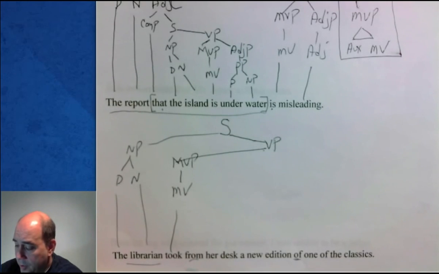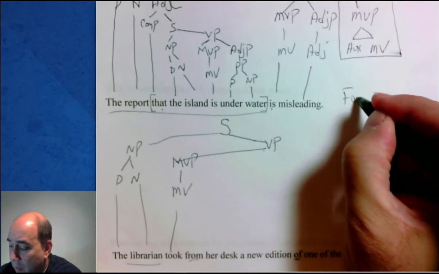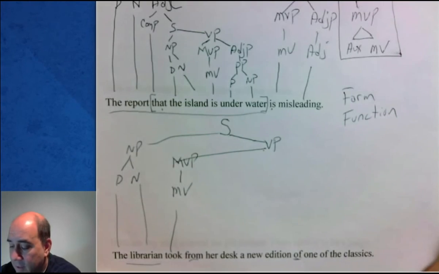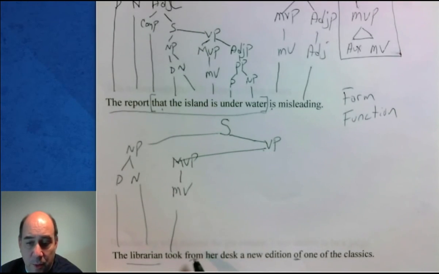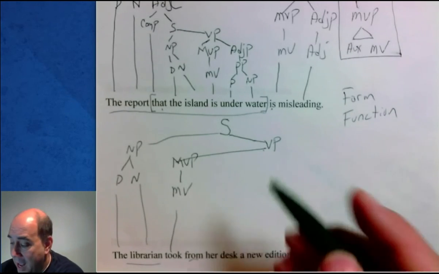All of these now are prepositional phrases. What is their job? Remember, as I said before, you've got form and function. We know the form of these: prepositional phrase, prepositional phrase. What's their job? Took from her desk. Well, what is that doing? That's describing where she took it. So it's describing took, so it's going to be an adverb phrase.